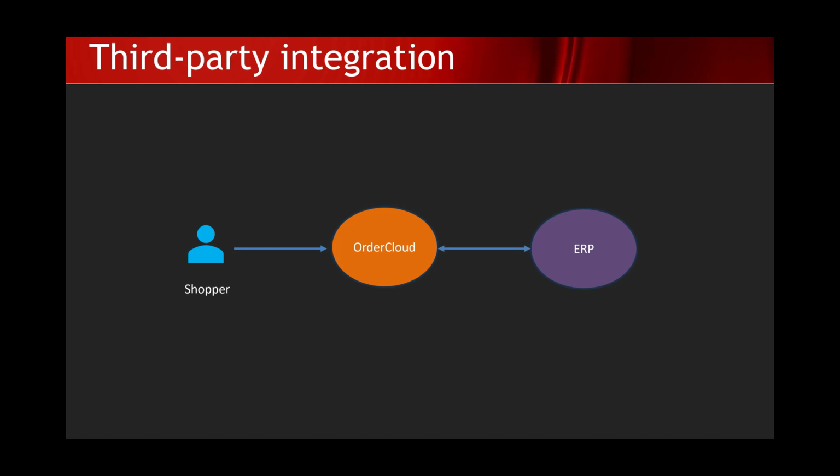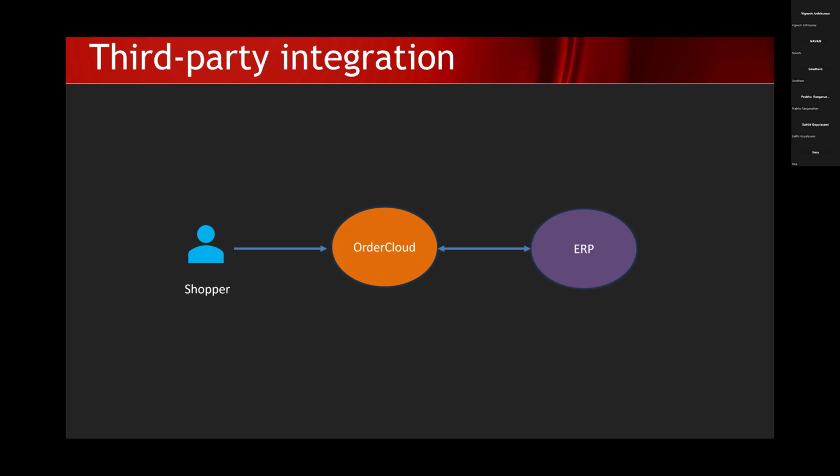In this case, Order Cloud is sitting between the shopper and an external system on the other side, which might be used by the shipping company, where your order is fulfilled. It crosses boundaries, from one application to another, and all the provision is there for it to do that, all kinds of integration.